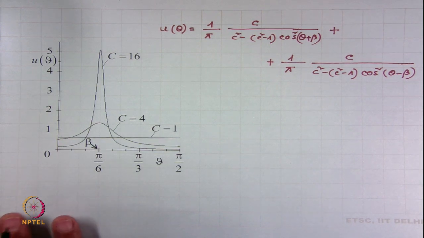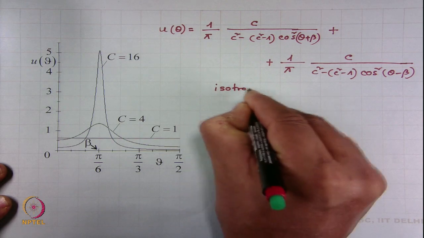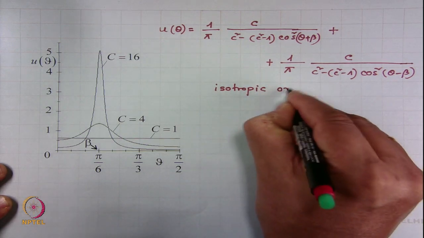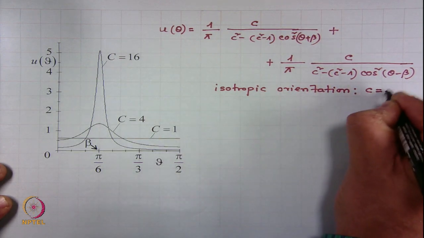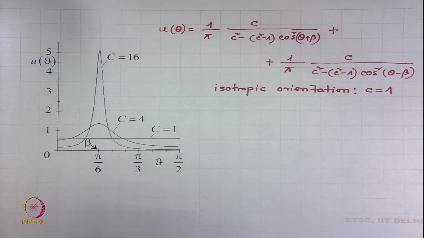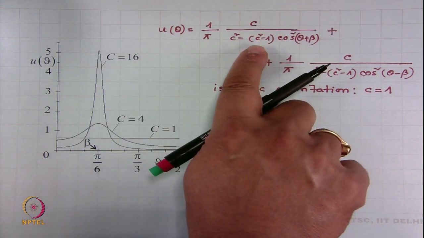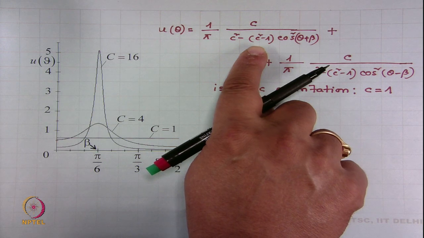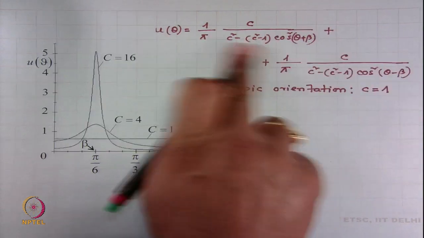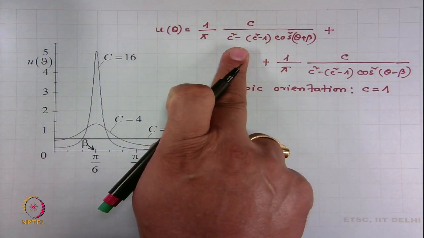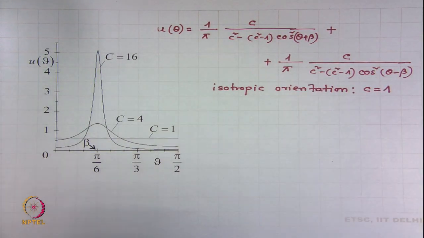Now, for isotropic orientation, C is equal to 1. So, in this expression if we substitute C is equal to 1, this C square minus 1 becomes 0, here also C square minus 1 becomes 0, C is 1. So, 1 minus 0 is 1, in the numerator also 1, denominator also 1, here 1 minus 0 is 1, numerator 1, denominator 1. So, what we obtained?